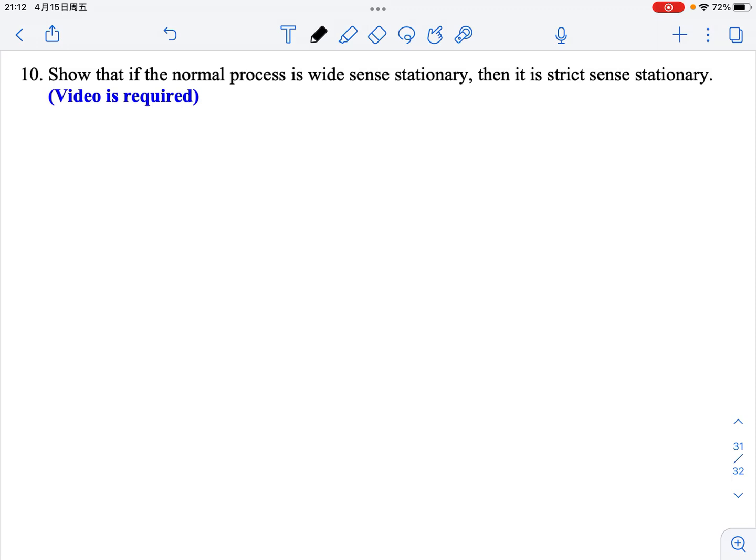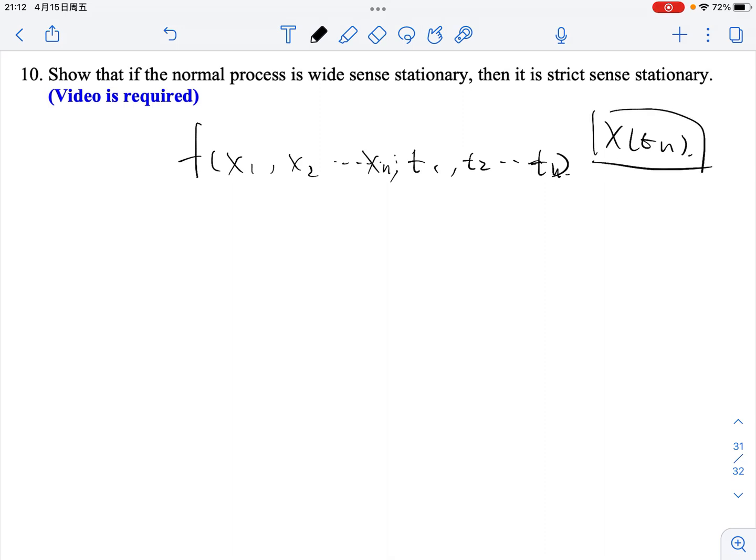For a general normal process, which could be denoted as f(x1, x2, ..., xn; t1, t2, ..., tn), if we have n terms, every term in the process should be defined as x(tn).